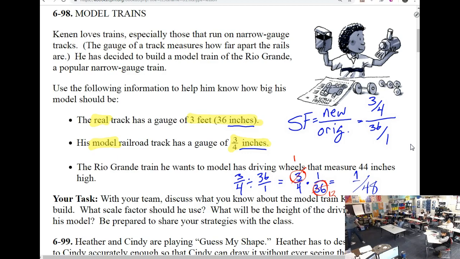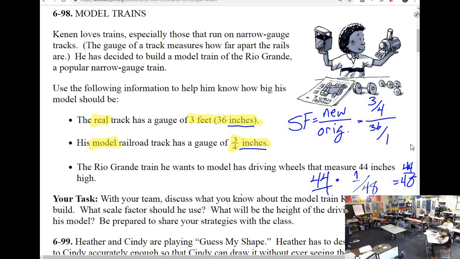11/12. How'd you get it? I got 44 times 1/48. Once we know our scale factor, that's what we're multiplying with. Right? So this, I can put over 1, and this becomes 44 over 48, and they can both divide by 4.